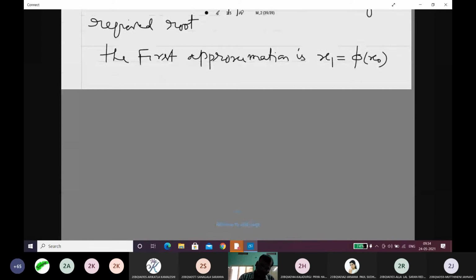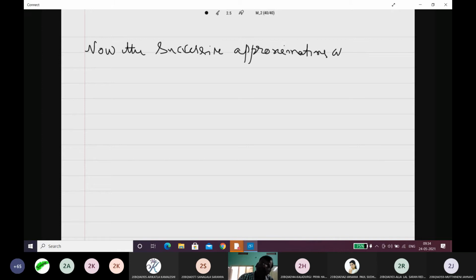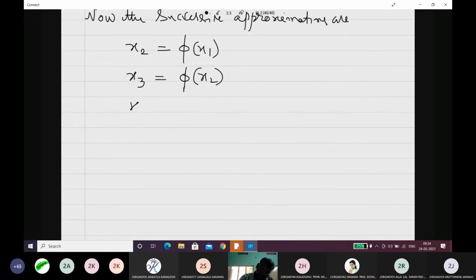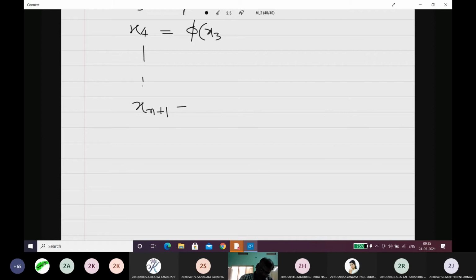Now the successive approximations are, that is why we are calling this one the successive approximation method: x2 is equal to phi of x1, x3 is equal to phi of x2, x4 is equal to phi of x3, and finally we get xn plus 1 is equal to phi of xn.